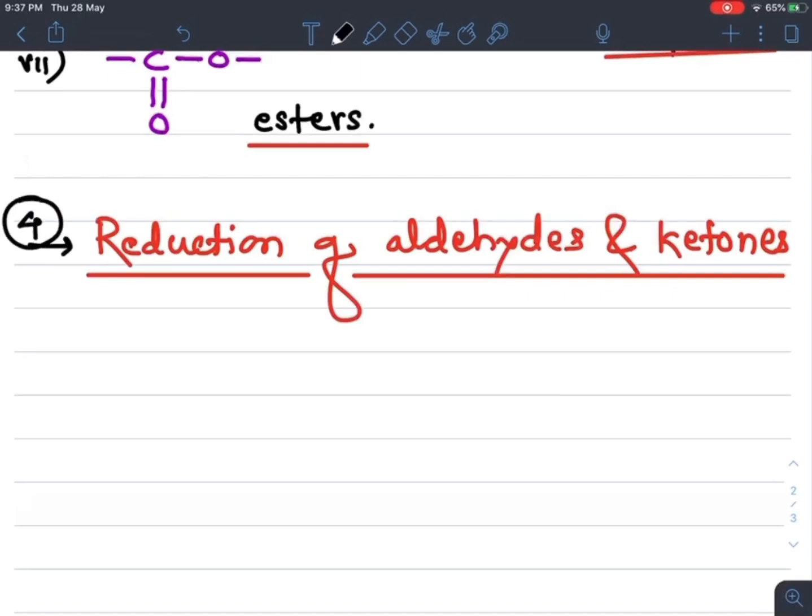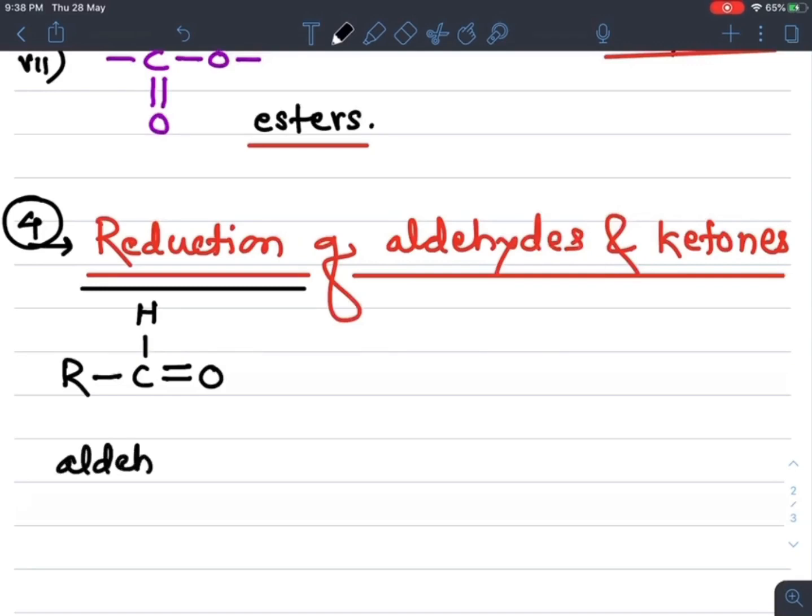Let's see what is meant by reduction. Reduction means addition of hydrogen. Already you studied reduction in redox reactions in 11th standard. So if we take the general formula of aldehydes, RCHO, RCH double bond O, this is the aldehyde.